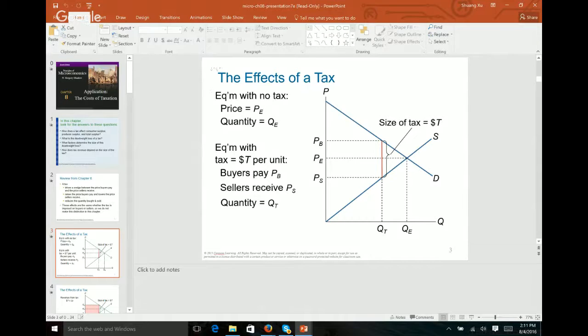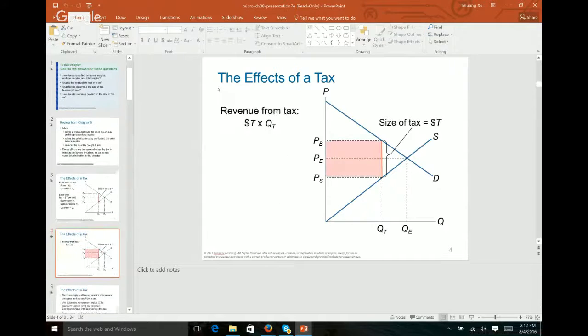So the buyer pays over here, and then the seller receives over here. Now, with the tax, you're also decreasing the number of transactions because it's getting more expensive. So the buyer buys less, and you also lower the price the seller receives, so the seller wants to sell less. So your quantity will also decrease from QE to QT. So price goes higher for buyers, price goes lower for sellers, and your quantity transacted also goes down.